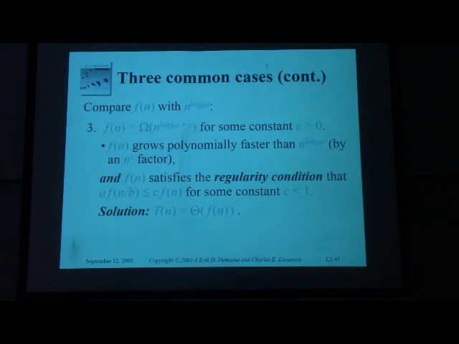So now, what exactly is a to the f of n over b? What is f of n over b? What is f of n over b? Just f of n over b.